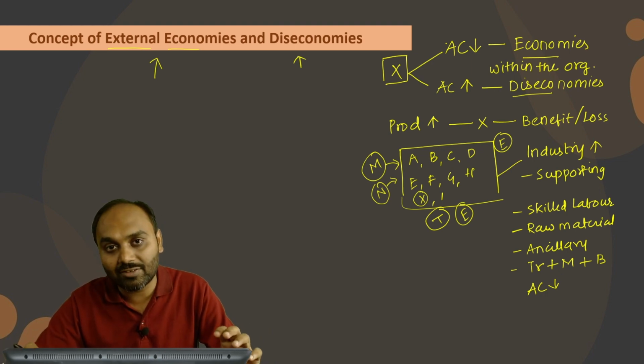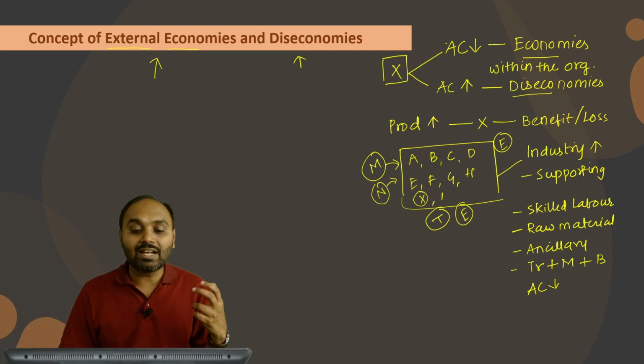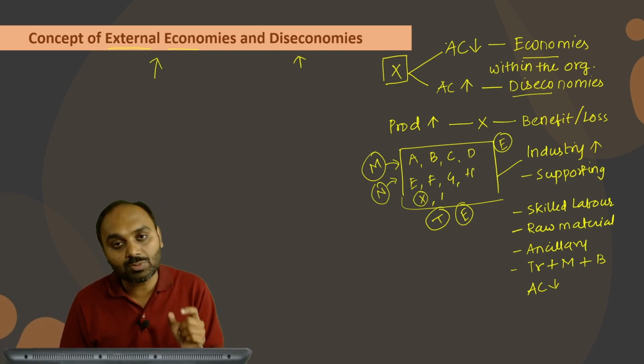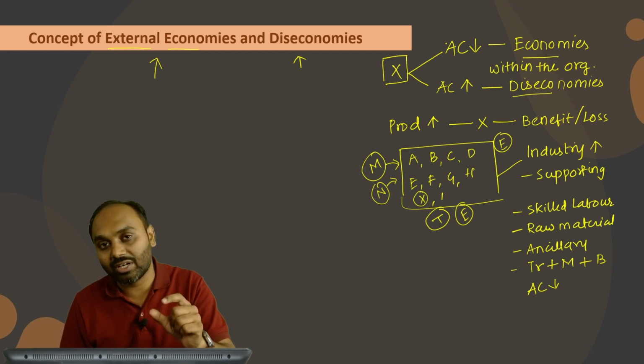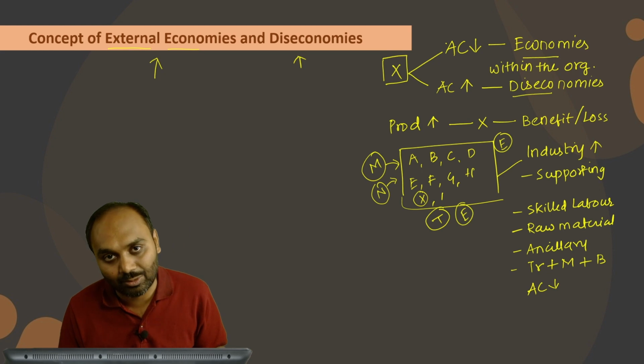Even the losses won't be suffered by only one organization, but by the whole industrial unit, industrial area. So if this kind of benefit or loss occurs, which is not specific to any business unit, then it will be termed as external economies and diseconomies.